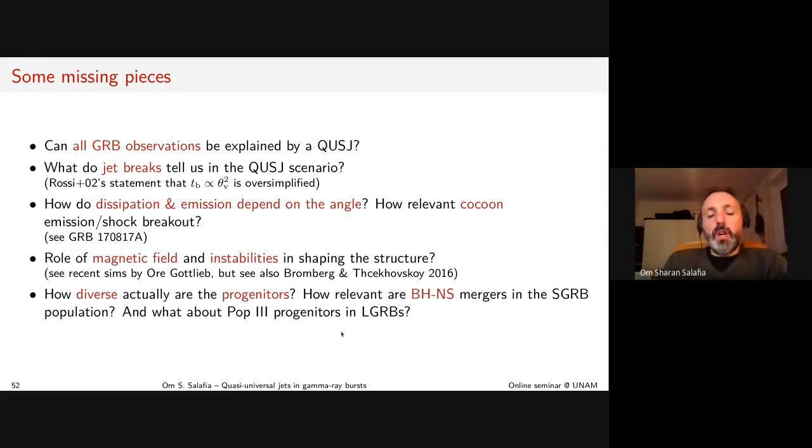For example, for short GRBs, black hole neutron star mergers could play a role in the population, and probably the jets produced by these systems are intrinsically different from those produced by binary neutron star mergers. And for long GRBs, you could have, for example, POP3 stars as progenitors, and these are obviously very different from the typical highly rotating Wolf-Rayet star usually assumed as the progenitor of long GRBs.